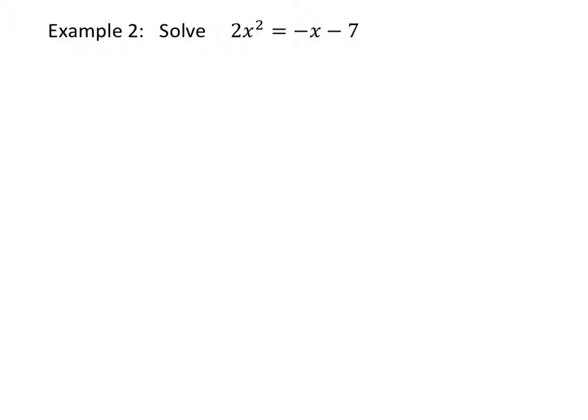What do we need to do first? Want to move the 2x squared to the other side? So we'll subtract it. So we get 0 equals negative 2x squared minus x minus 7. So what does our a equal?